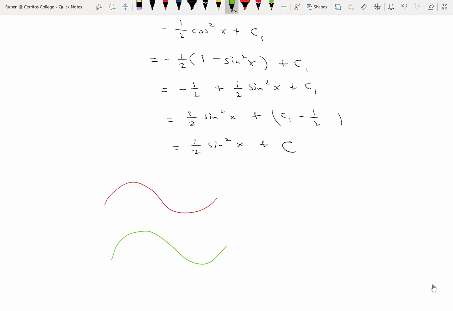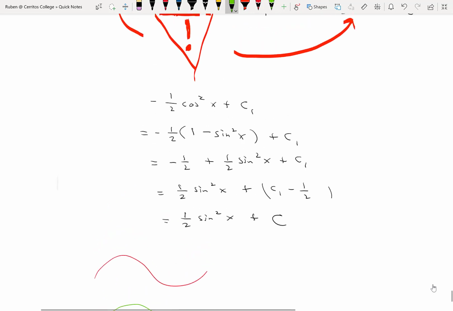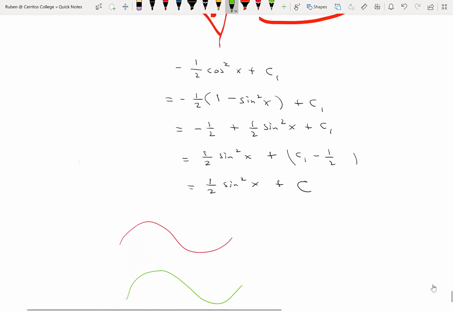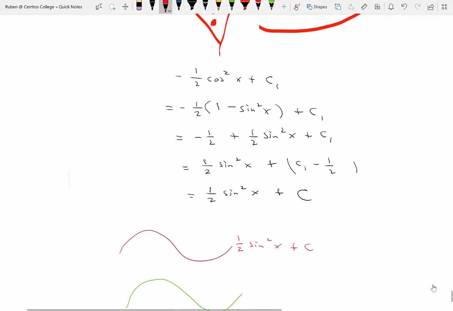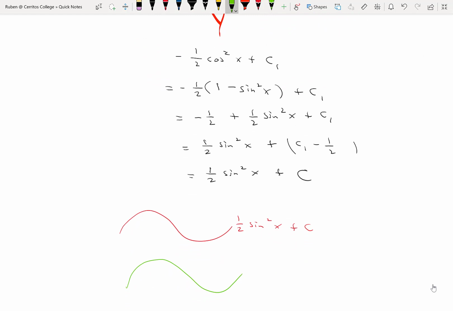Because the answer, 1/2 sine squared x plus a constant, and the green one, negative 1/2 cosine squared x plus another constant, are the same function. They are the same set of antiderivatives.